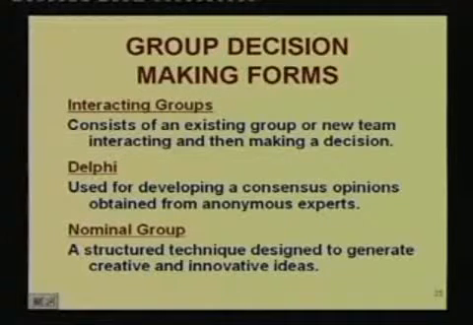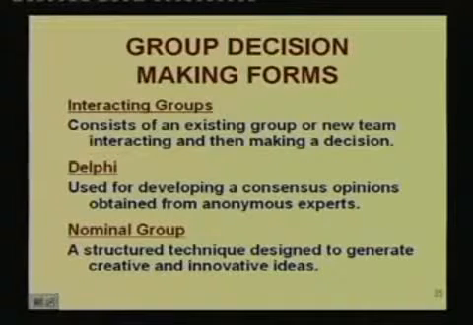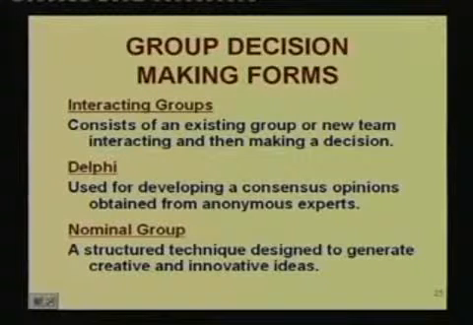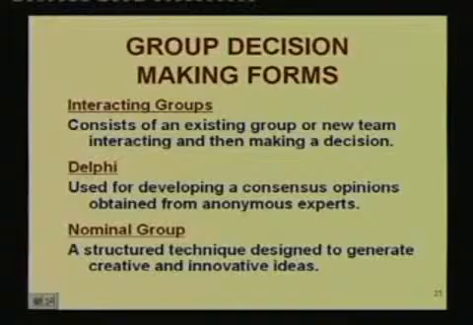One is the DELPHI, used for developing a consensus opinion obtained from anonymous experts. And the nominal group, which is a structured technique designed to generate creative and innovative ideas. So we shall see some details about the nominal group and DELPHI, which are forms of group decision making, compared with interacting groups.